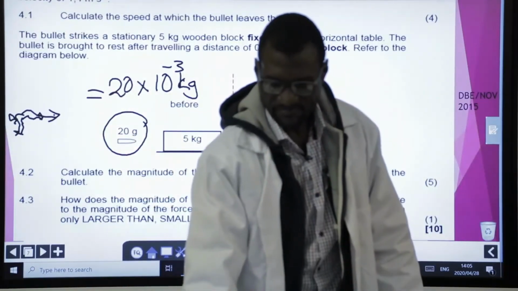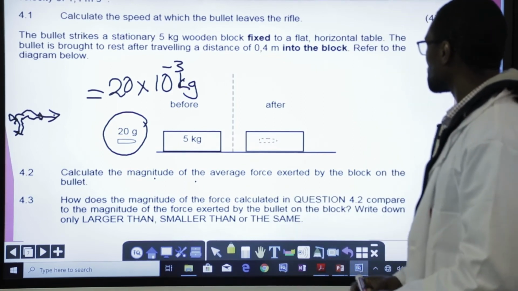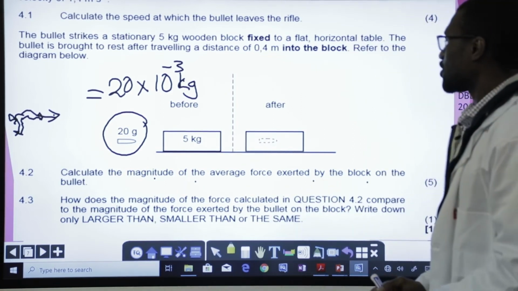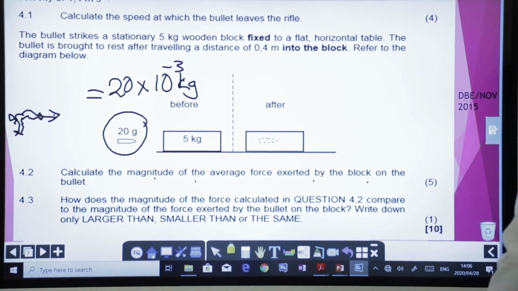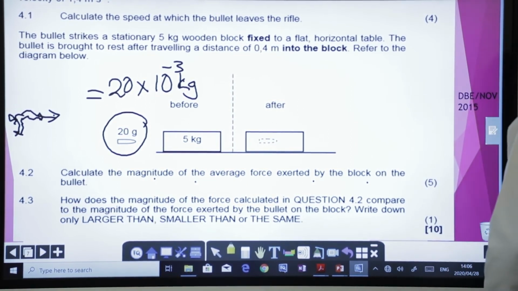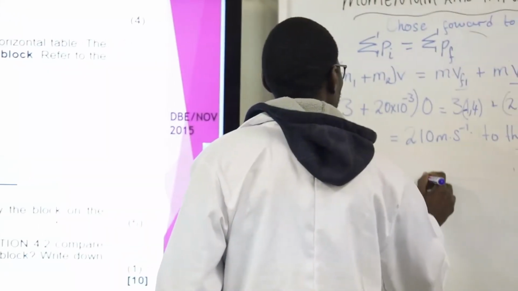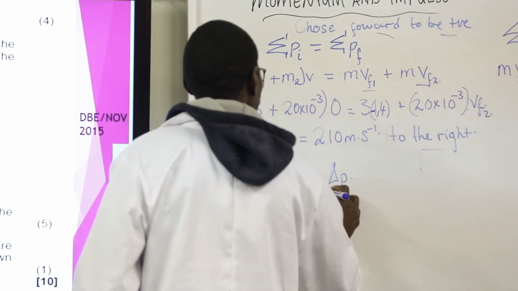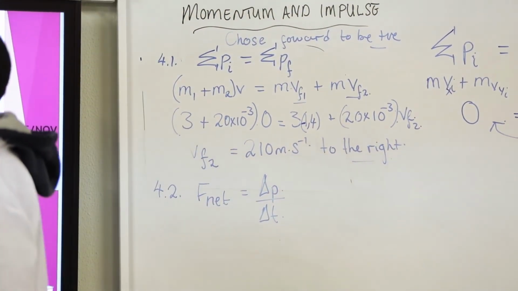4.2. 4.2 then simply says, calculate the magnitude of the average force exerted by the block on the bullet. What do we know about force? We know that the F net is equal to change in momentum divided by change in time, right?